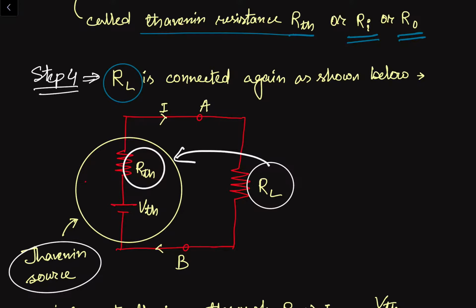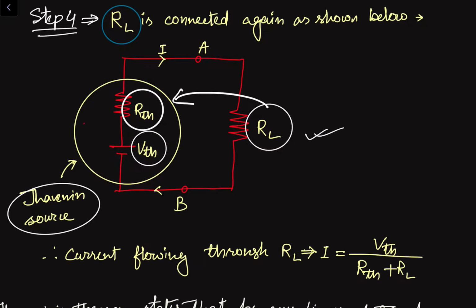After connecting the load resistance, we can find the value of this I. This is the total current because this is a series connection. In series connection all the current values will be the same. The voltage drops will be different but the current values will be the same.